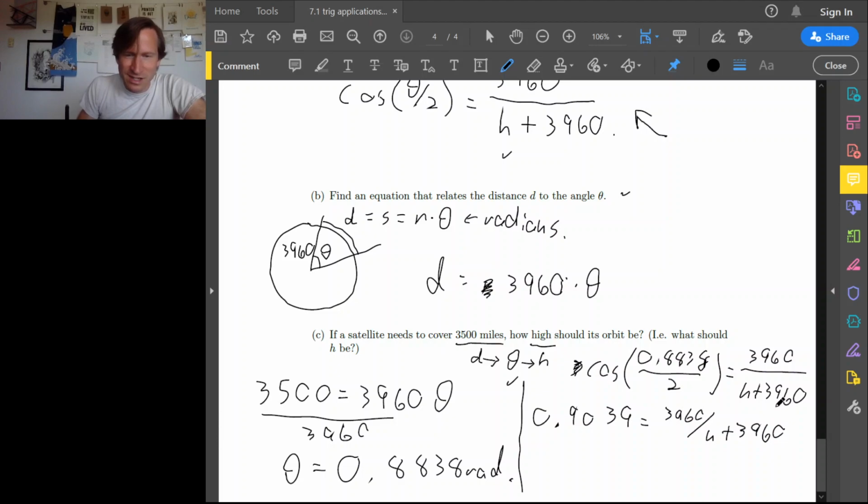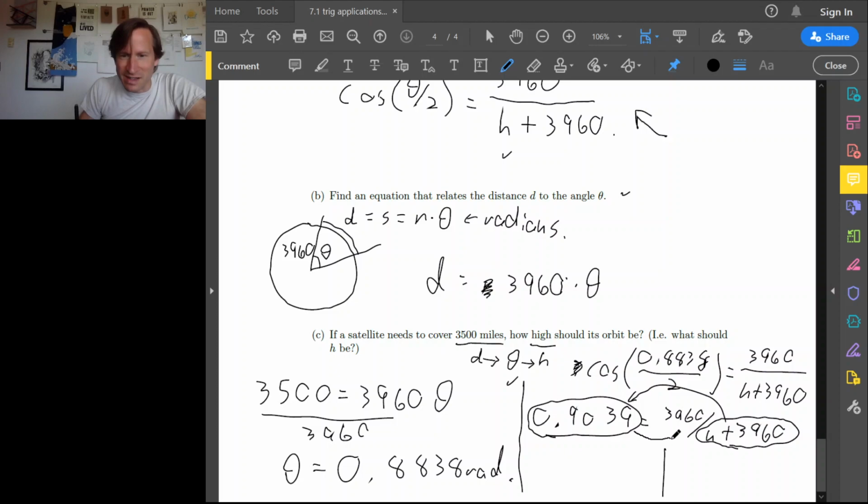Now I'm kind of running out of room, so I'm going to try to fit everything in here. Let's see. We can multiply both sides of the equation by this denominator to get this denominator up here, but then also divide both sides by 0.9039. That's going to put that in that denominator over here.